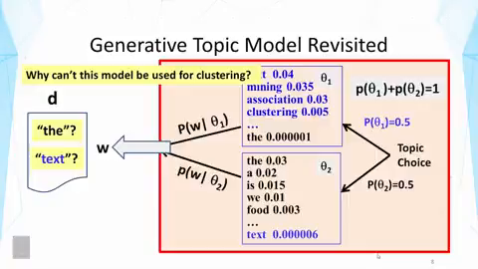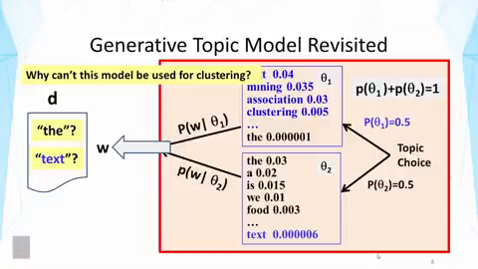If we really have one topic corresponding to one cluster of documents, then we would have a document generated from precisely one topic. That means all the words in the document must have been generated from precisely one distribution. This is not true for the topic model that we're seeing here, and that's why this cannot be used for clustering, because it did not ensure that only one distribution has been used to generate all the words in one document.